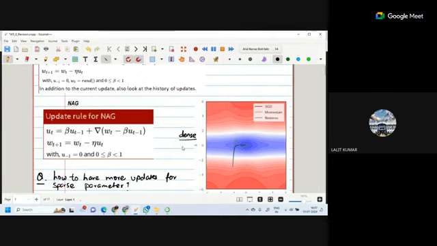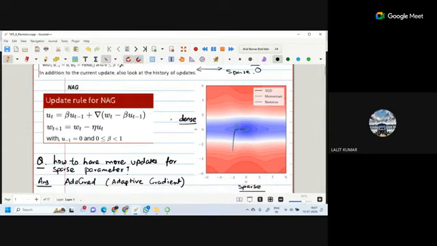I shall just write here. Delta L by W is dependent on X. So if X is 0, then this is 0, and there are very few updates for this sparse parameter. In the lectures, certain diagrams and contours have been given, with examples: this is a dense parameter and this is a sparse parameter, and these are the weights.